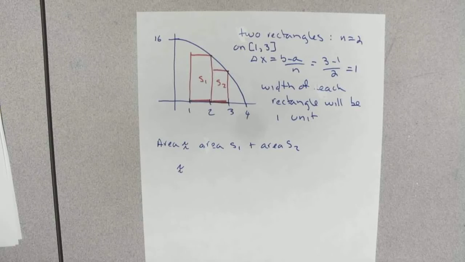Why we picked rectangles: rectangles are easy. Now that is not the only shape mathematicians have used to approximate areas. Trapezoids are also used because trapezoids do have a fairly nice formula for finding the area of a trapezoid. And trapezoids do a little better job as far as getting a better estimate, but rectangles are easier, so we're going to go with rectangles here.